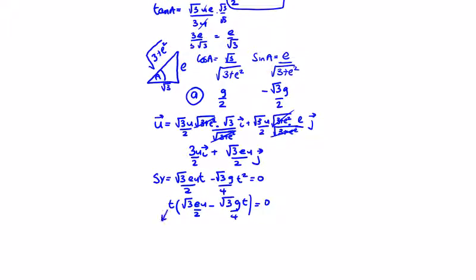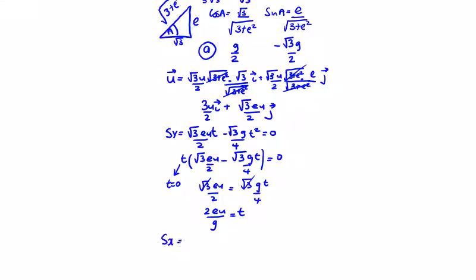So I have my initial t equals 0 at the first bounce, and I would have root 3 eu over 2 equal to root 3 gt over 4. So multiplying by 4, I get 2eu, and then dividing by g will give me the time taken for the first bounce.